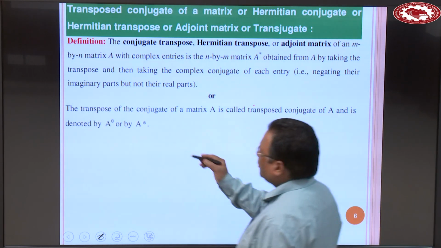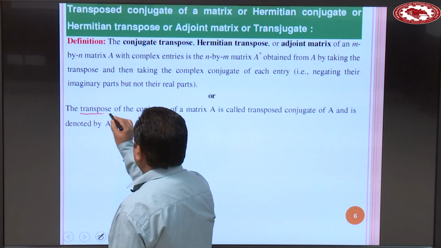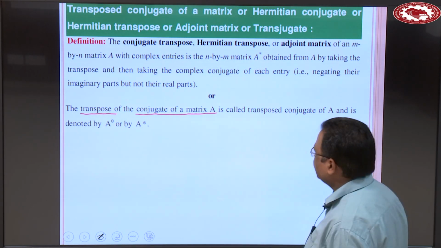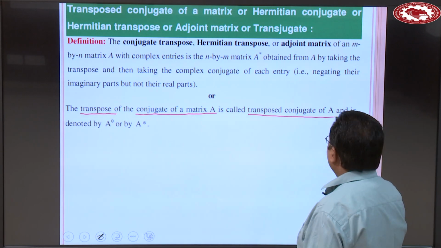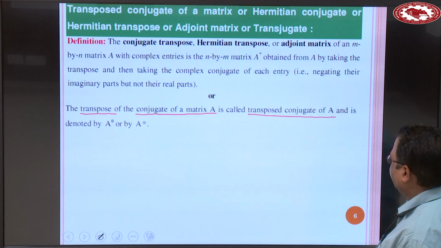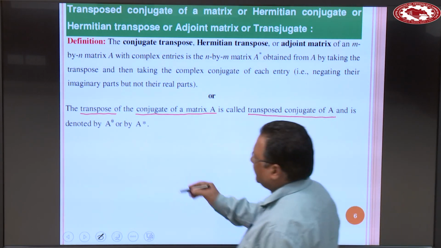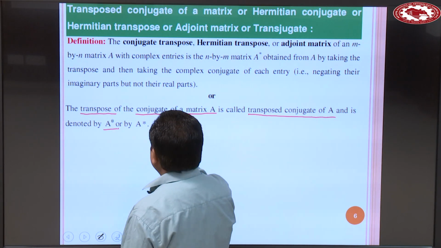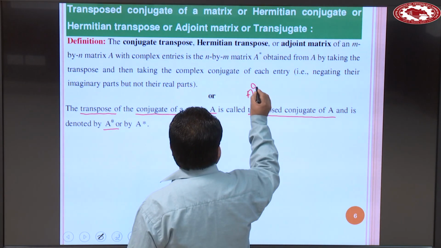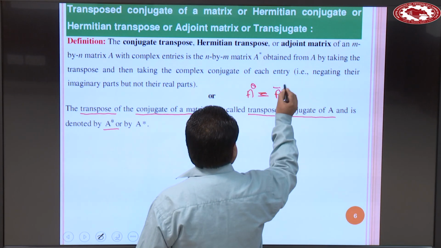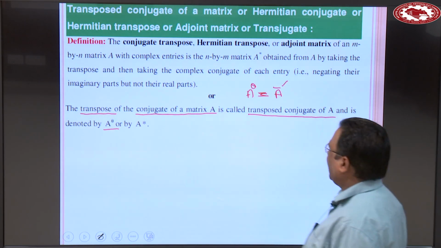The transpose of the conjugate of a matrix A is called transposed conjugate of A, and is denoted by A theta or A star. So, A theta is equal to A bar dash.